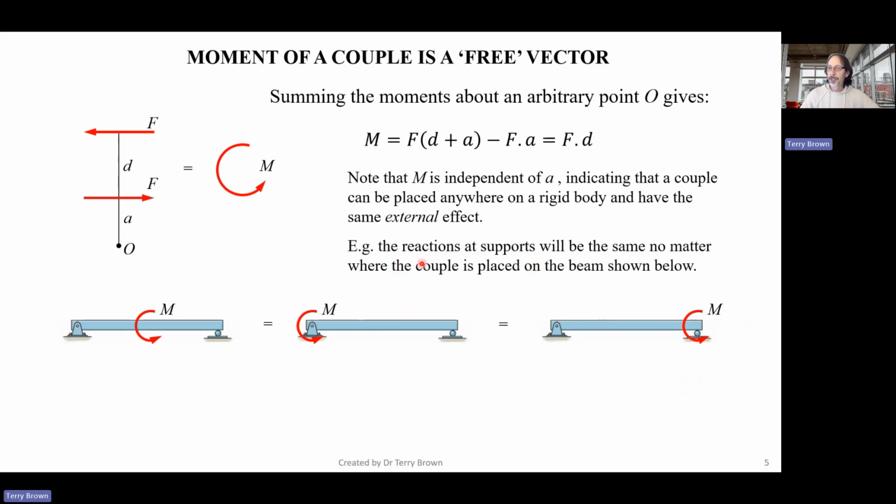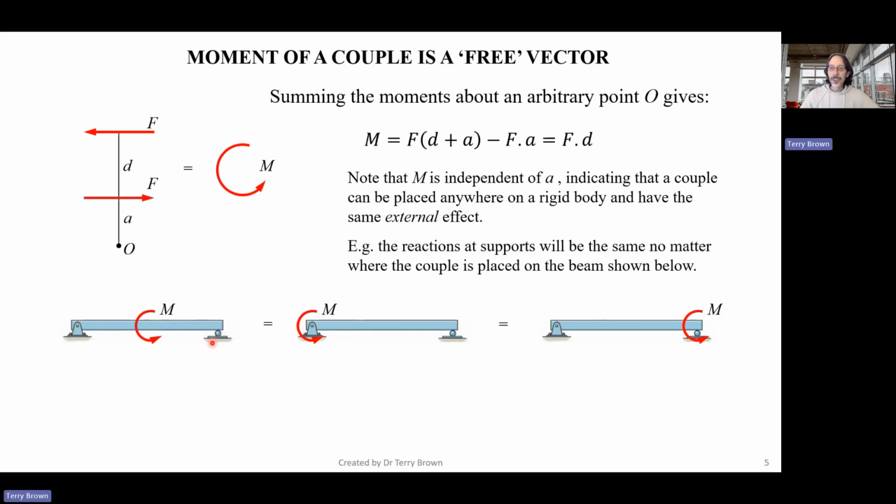If we apply a moment like this, when we look at moments applied to a component like this, we should really think about it as being applied like this, as two forces equal and opposite separated by a distance. Even though we draw an arrow like this, it's probably helpful to think of it as a couple like this that's generating this moment.